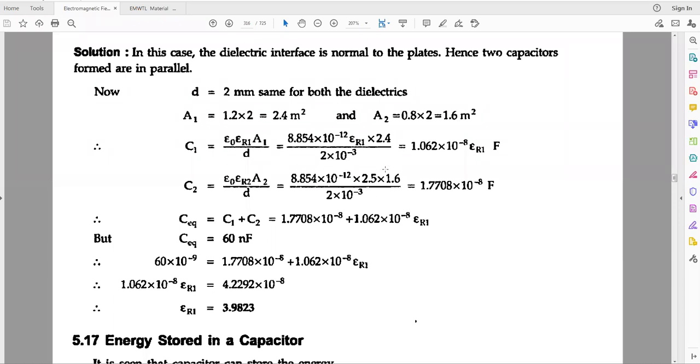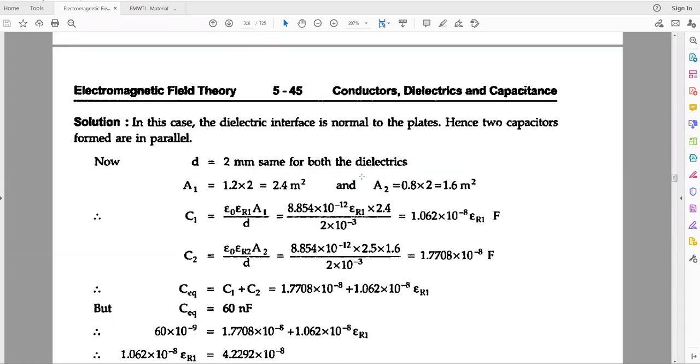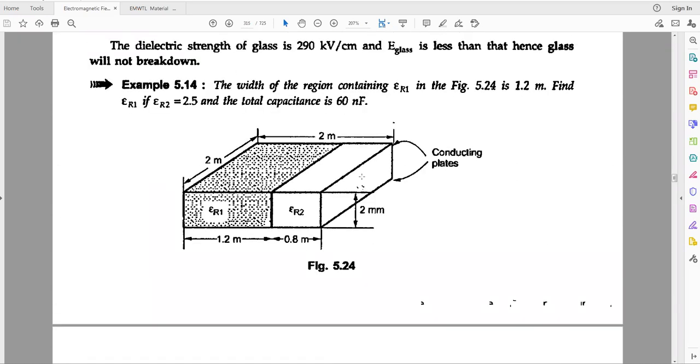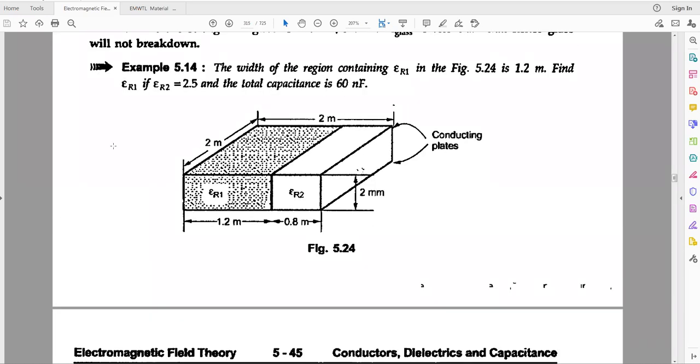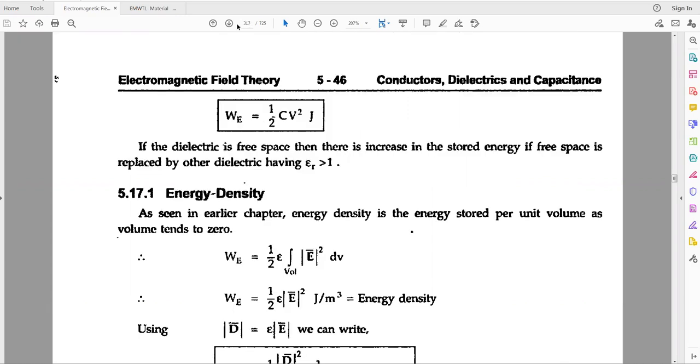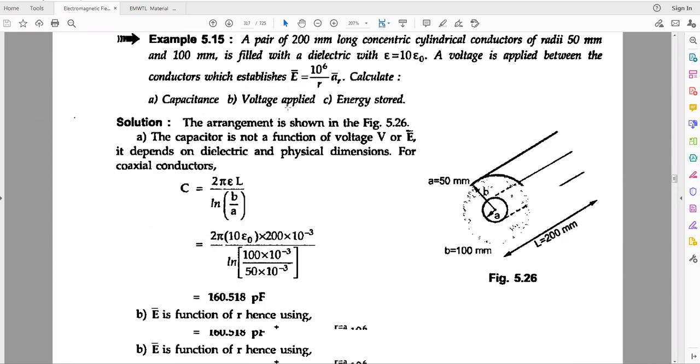Coming to the next example. It is related to the energy stored or energy density.